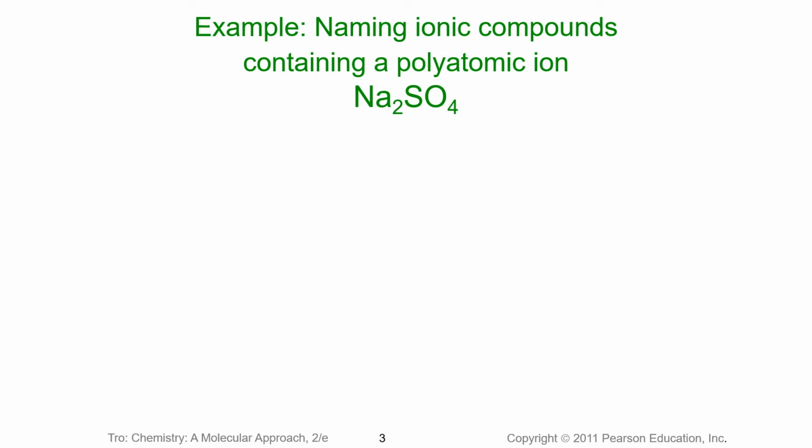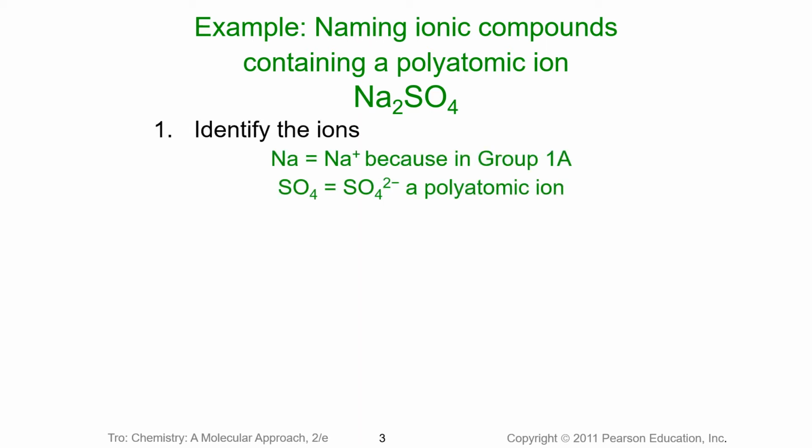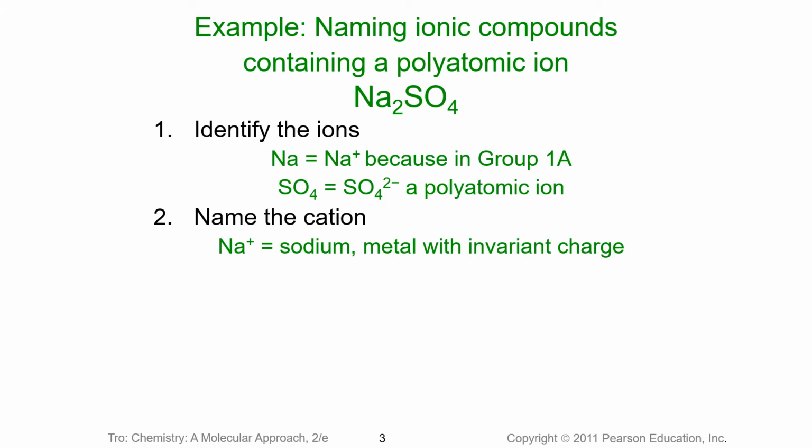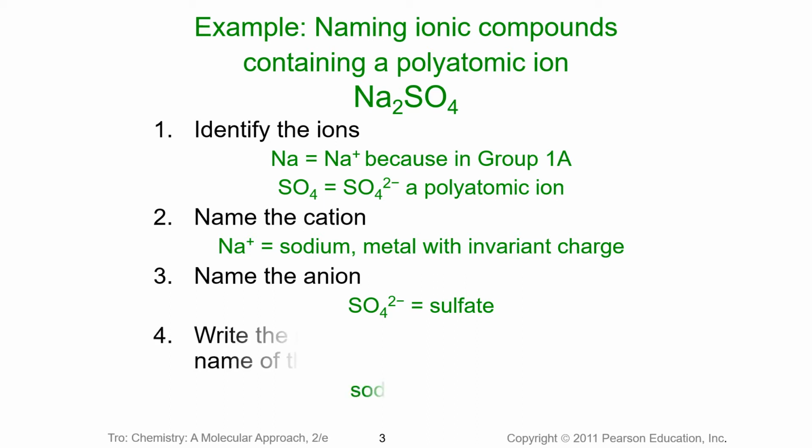Naming an ionic compound that contains a polyatomic ion is just the same as naming our ionic compounds. So we're going to start by identifying the ions. We have Na and we have SO4. SO4 always has a -2 charge. We name the cation sodium. We name the anion, which is sulfate. Do notice that the ending is different.